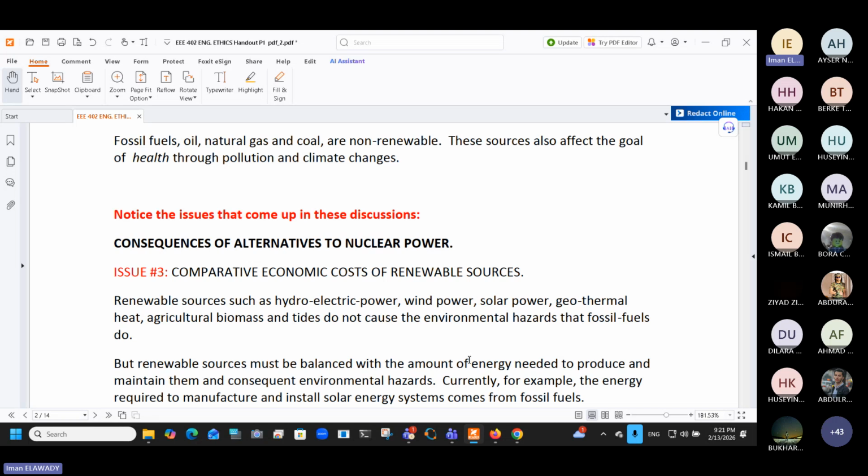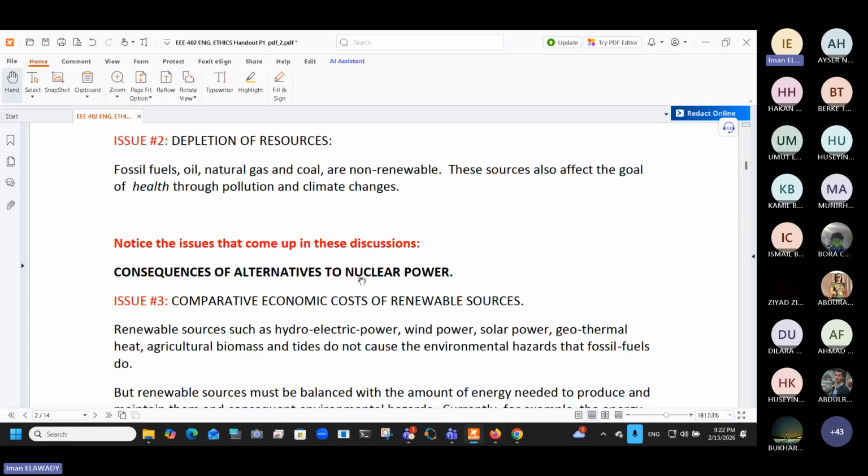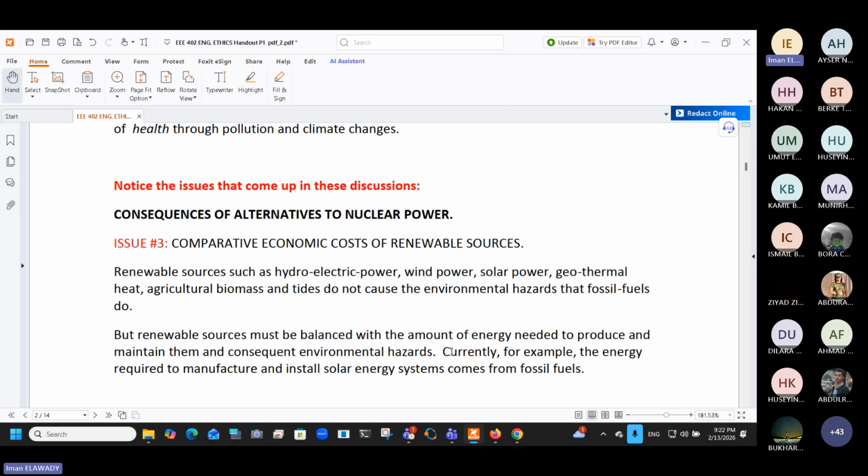But also in the production of these instruments or power generators, we are going to rely on the classical way of power generation, and this on the other side is also going to affect the environment. Also in maintenance, so we have to find the balance between using renewable sources and the amount of energy needed to produce and maintain them, and the environmental consequences.